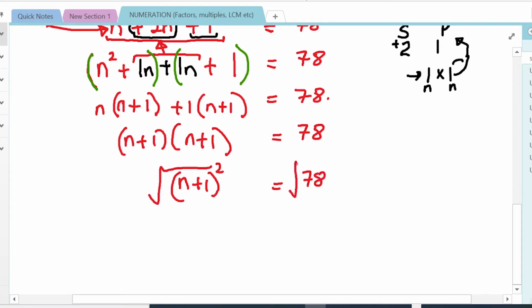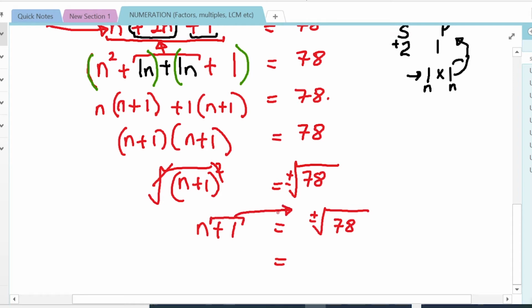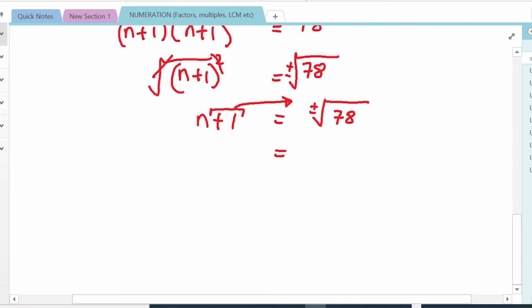We do the square root on both sides. This goes with that. You remain with n plus 1 equal to the square root of 78. Now this square root is either plus or minus, so it is plus or minus root 78. When we shift this 1 across, we remain with n on this side.